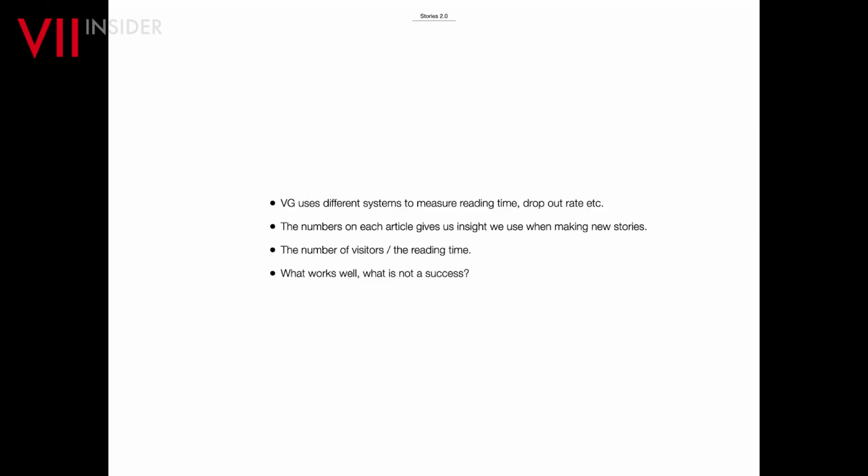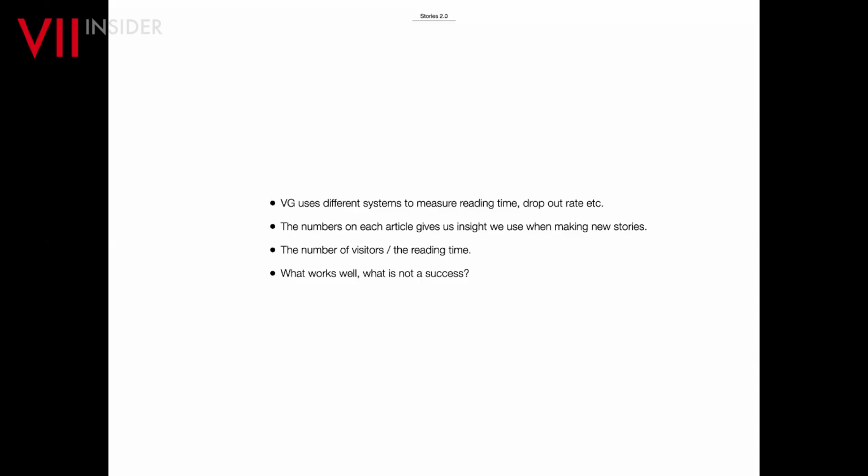So we also use, of course, a lot of measurements on the stories we produce. We can measure the reading time, the dropout rate, how long people read, where in the story they exit the story, and the numbers we get back from each article give us insight into how we can make new stories and make them more efficient, or make the reader care even more.